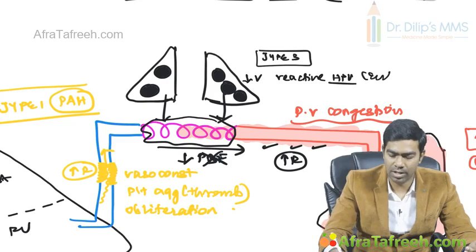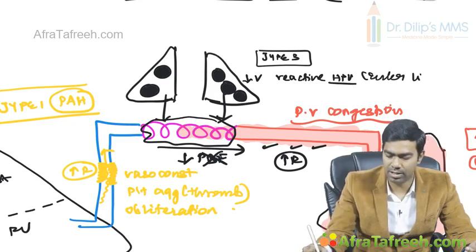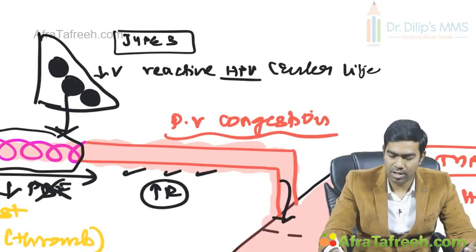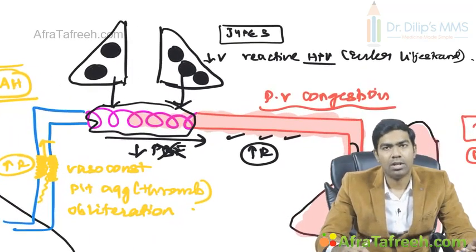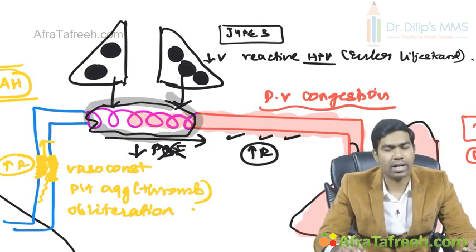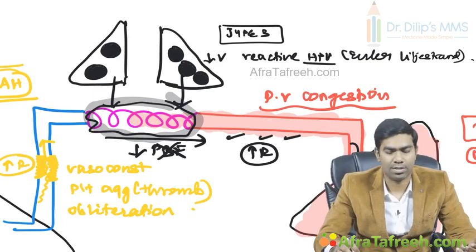That's what we already discussed in detail in the basic section in the form of something called the Euler-Liljestrand mechanism. So this is what is going to happen here. Euler-Liljestrand mechanism and hypoxic pulmonary vasoconstriction.